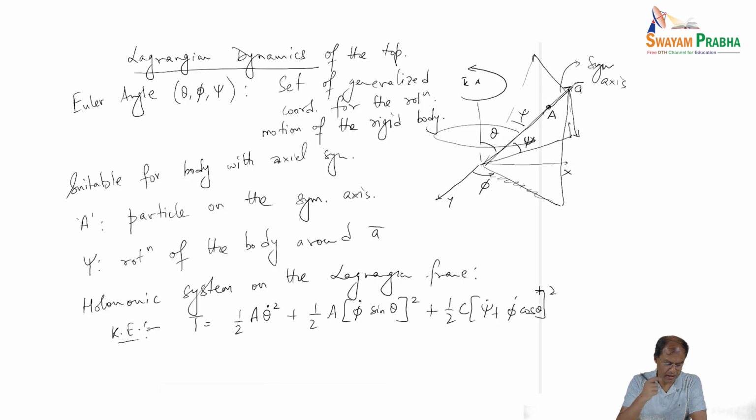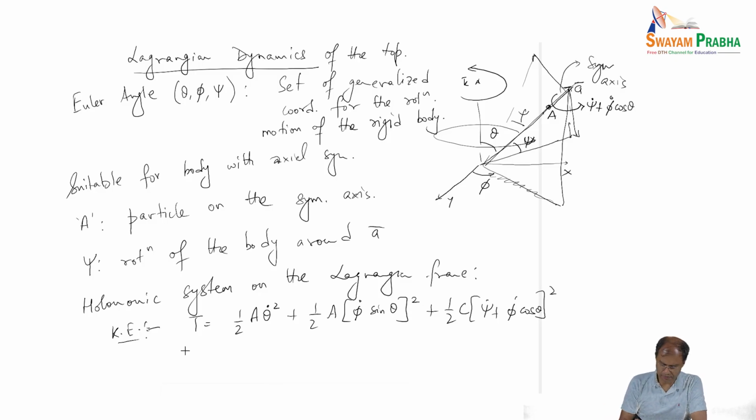So what have we got here? It is this angle along the symmetry axis, it is rotating. So the net rotation is ψ̇ + φ̇ cos θ. So there is a rotation with respect to the fixed axis, and then there is a rotation with respect to the moving axis. Okay, so these are the various quantities.